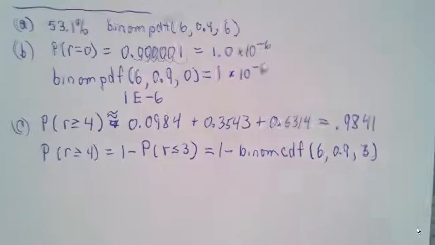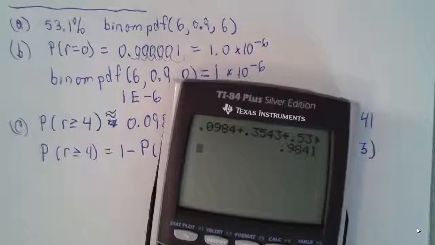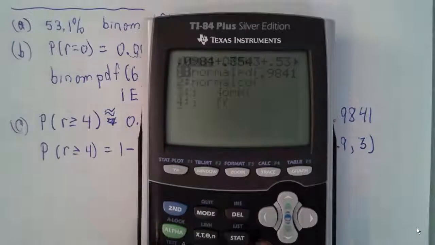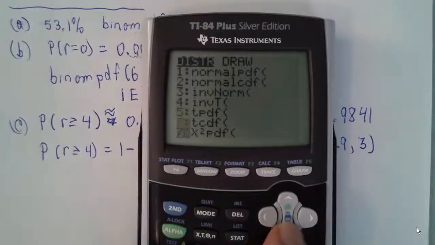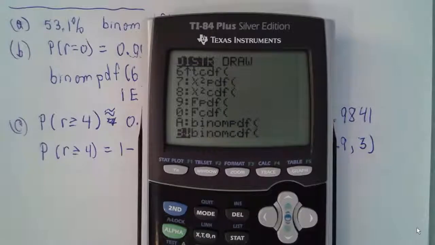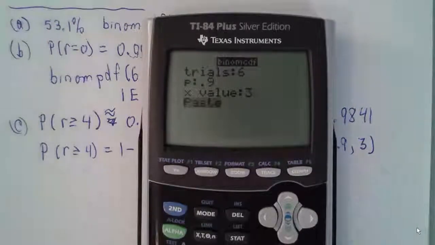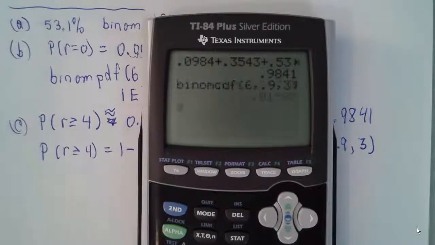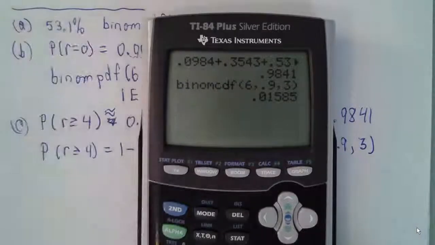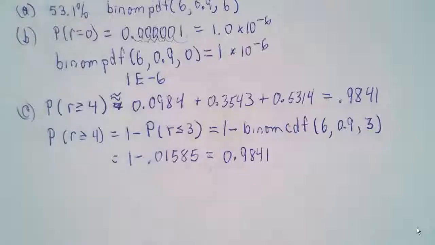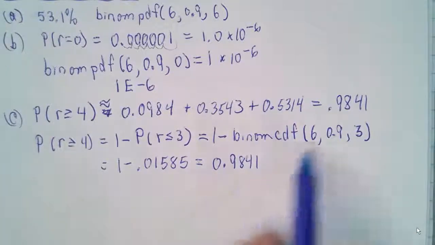And if we do that on our calculator, distribution, zip down now to choice B, binom CDF, and the number of trials is 6, probability of success is 0.9. We are looking at the sum from 0 through 3, so 3 is the upper number. Run that through and I get 0.01585. And if I do that subtraction, I get 0.9841, which is in fact what we got before.